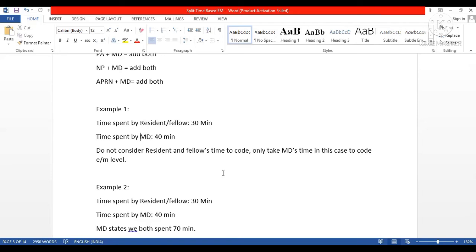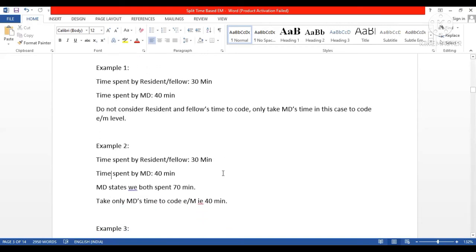So we will not consider the resident and fellow's time to code; we will only code on the basis of the time given by the MD, which is 40 minutes, right?